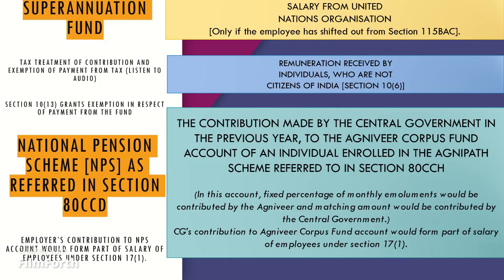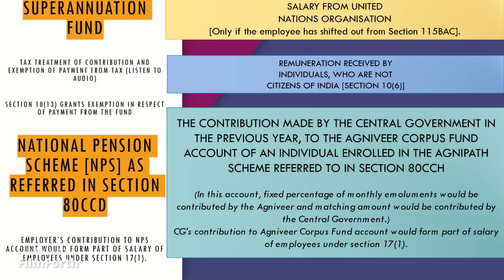However, while computing total income of the employee assessee, a deduction under Section 80CCD is allowed to the assessee in respect of the employer's as well as employee's contribution under a pension scheme referred therein. Deduction under Section 80CCD(2) in respect of employer's contribution would be available to an assessee irrespective of the regime under which he pays tax.